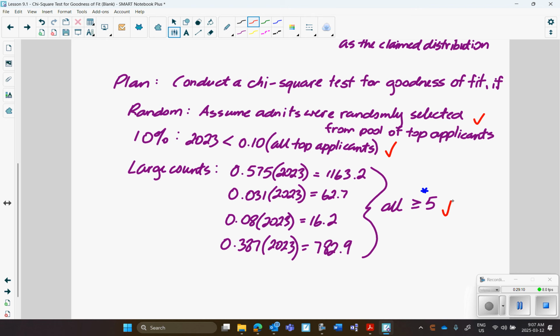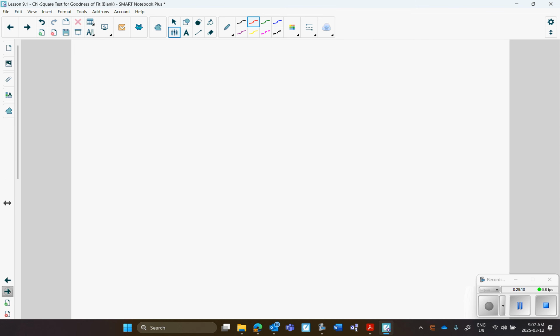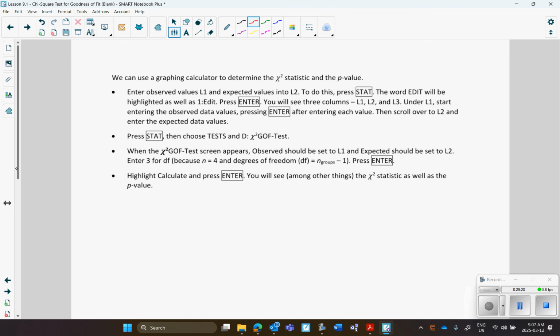And the do phase does take some more work. We're going to use our graphing calculator, but we have to enter all the data. We have to enter the expected data and the observed data, so we've got to enter 2 lists of 4.